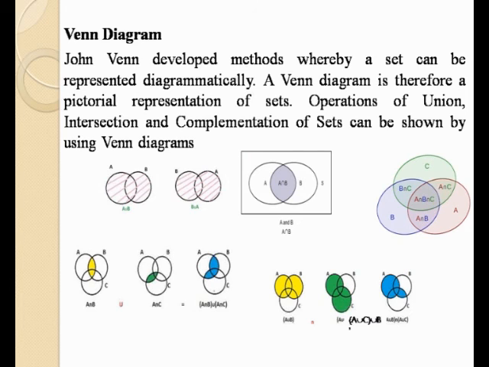Now, when we remove A intersection B from A union B, that is the portion being shaded. That is, whenever you see complement, that means it's not part of A intersection B.